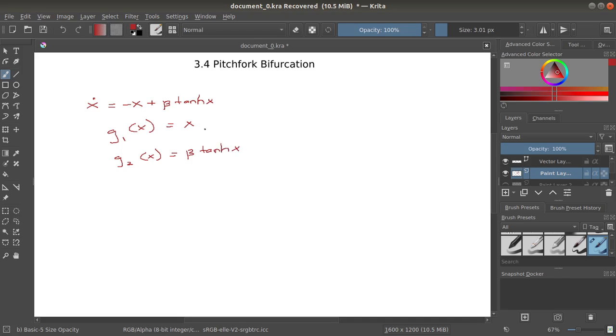When these two are the same, that point is a fixed point: at x equal to x star, g1 of x is equal to g2 of x. So whenever these two functions intersect, those points are fixed points. Let's plot these two things and see when they are going to intersect.